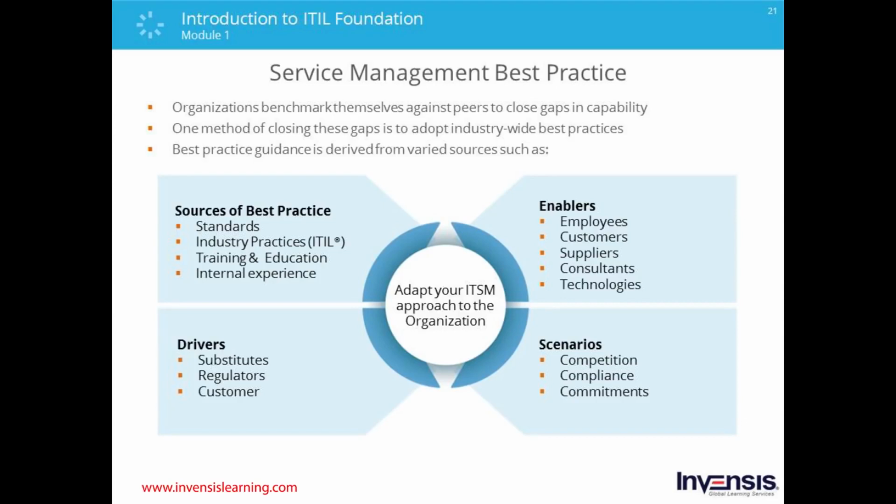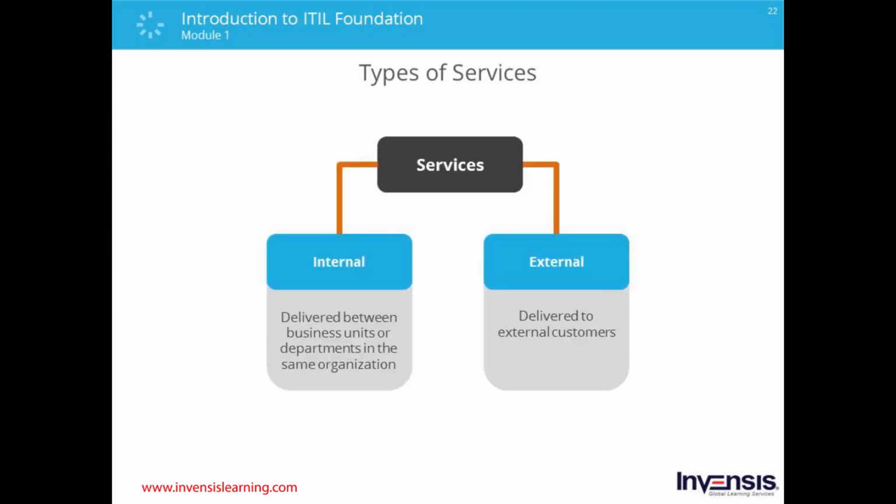Okay. Types of services. This is the second basic concept rather. We finished off the sources of best practices. We finished off why ITIL was successful. Now comes this one. Two types of services, internal and external. Let's say I'm the IT department within my company. If I deliver a service to a department, let's say marketing, it's an internal service.